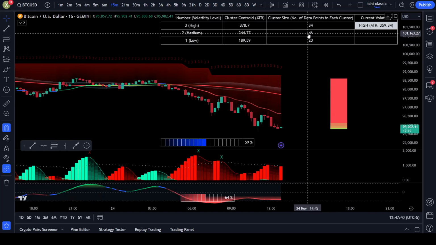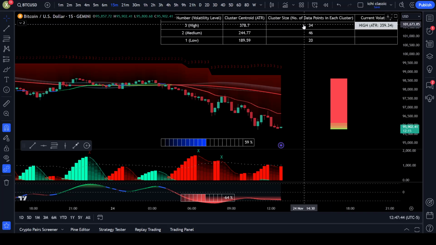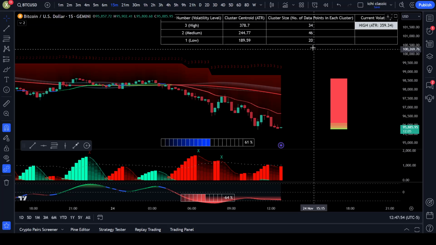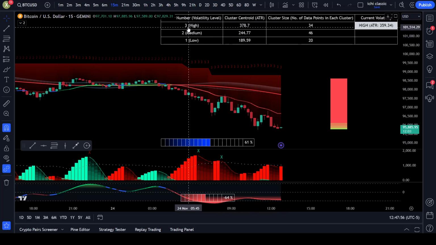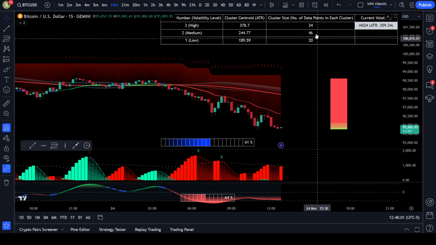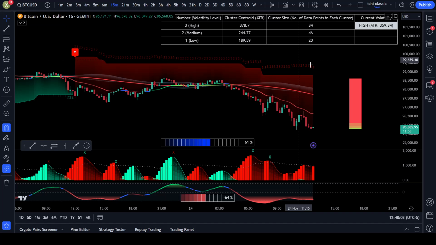So it means that this number 46, if it is in this row for the high volatility, then I could even sell now. But right now, I'm not going to do that. So this number 3, volatility level 3, has to be the highest of these 3. So that would be one condition.